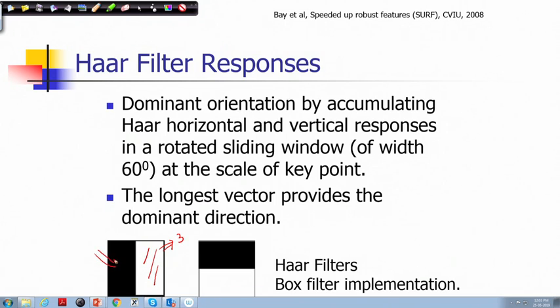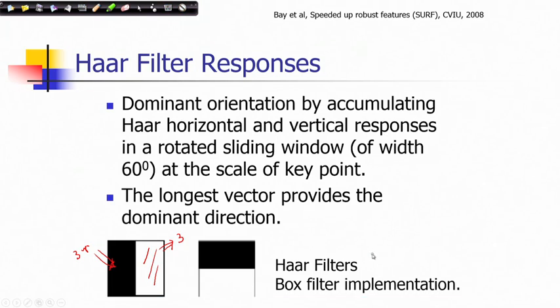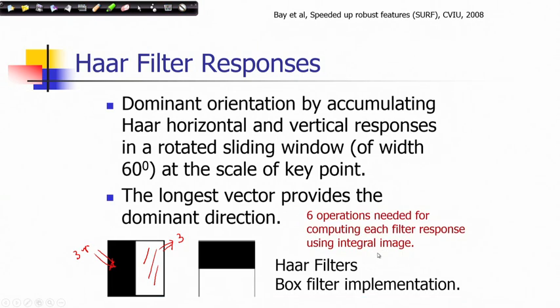Similarly, summing up the other will take 3 operations. So, a total of 6 operations, and then you also require a subtraction, another additional operation. So, 6 operations for computing each filter response using the integral image, and actually you require one more operation, because after that you need to perform the subtraction.